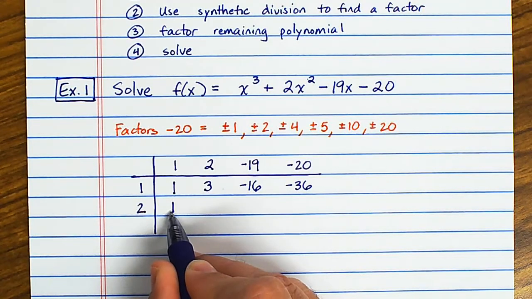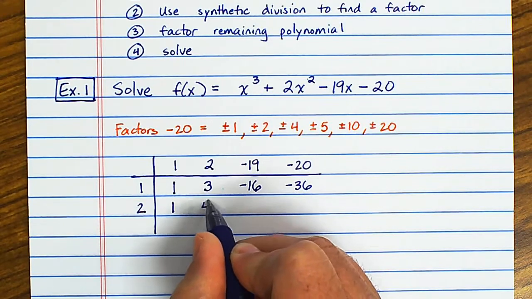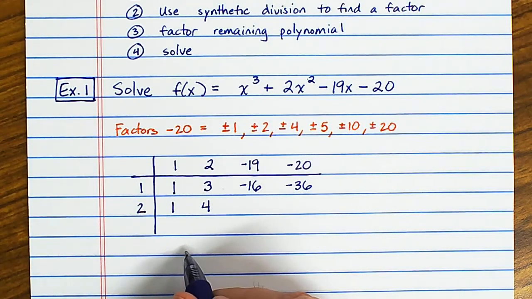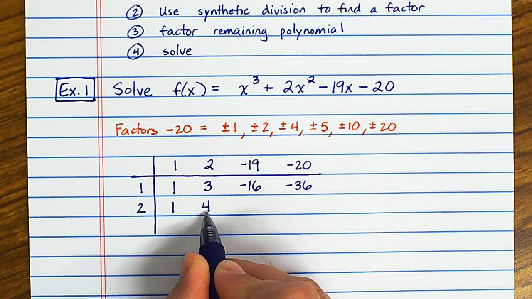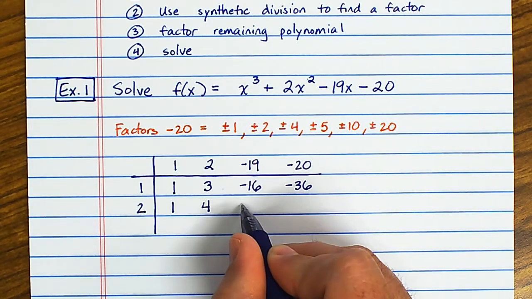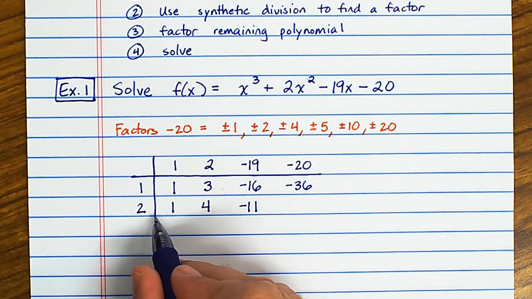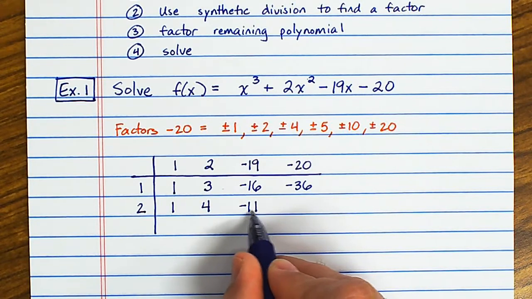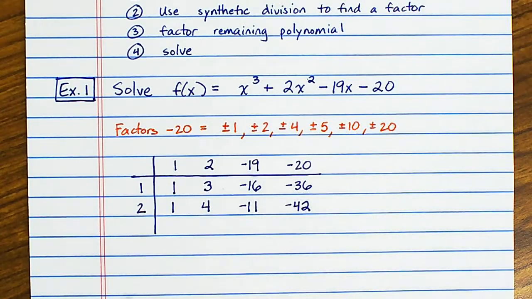2 times 1 is 2, plus the 2 up here is 4. 2 times 4 is 8, plus the negative 19 is negative 11. 2 times negative 11 is negative 22, plus negative 20 is negative 42.